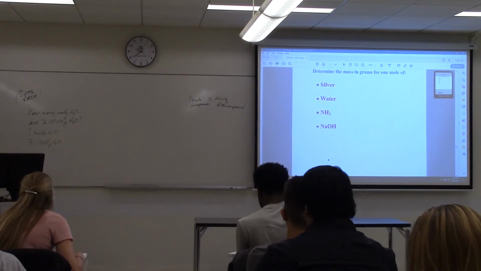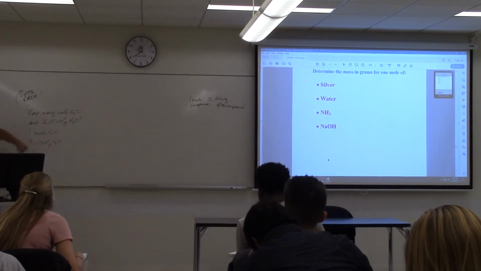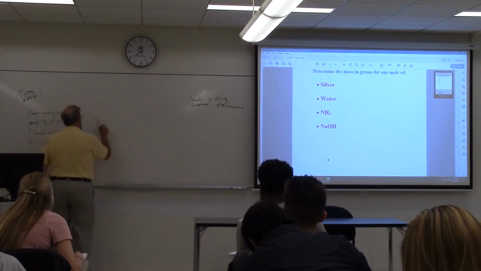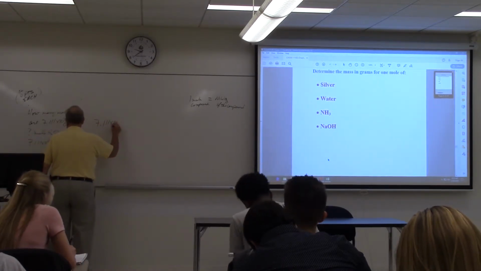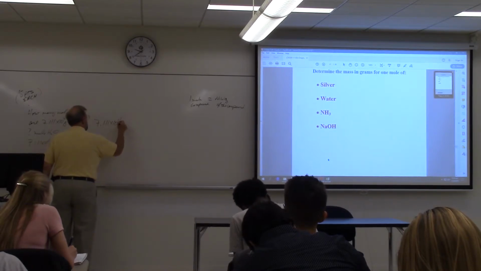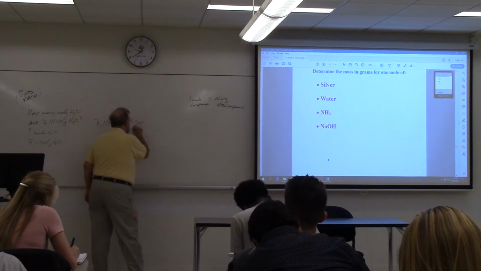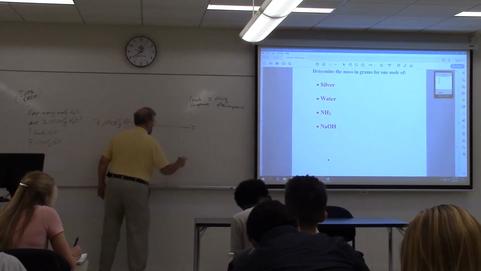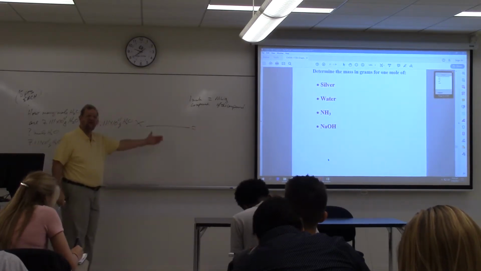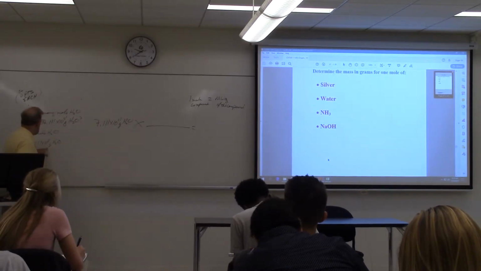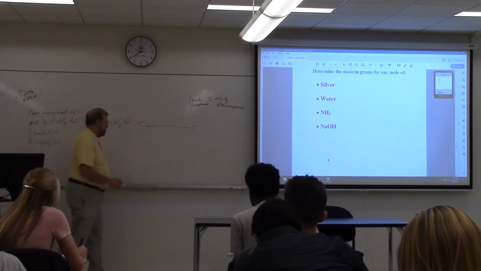Well, there's only one number I have to work with, and that's this number. And if I had some magic ratio, it's not magic, it's chemistry, what units do I want to get to? I want to get to moles of water.